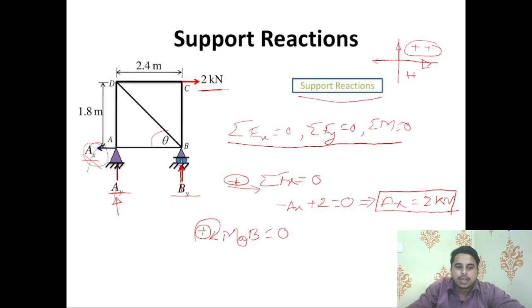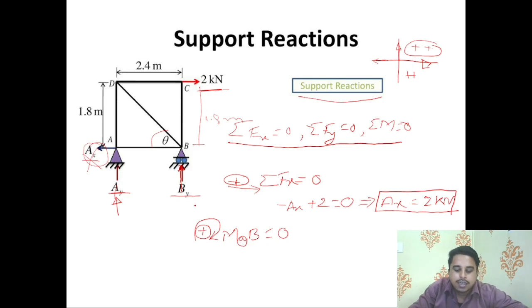So we have to calculate the moment for Ay and 2 kilonewton. What will be that? See, 2 kilonewton force, and the distance from B is 1.8 meter. Okay, 1.8 meter.